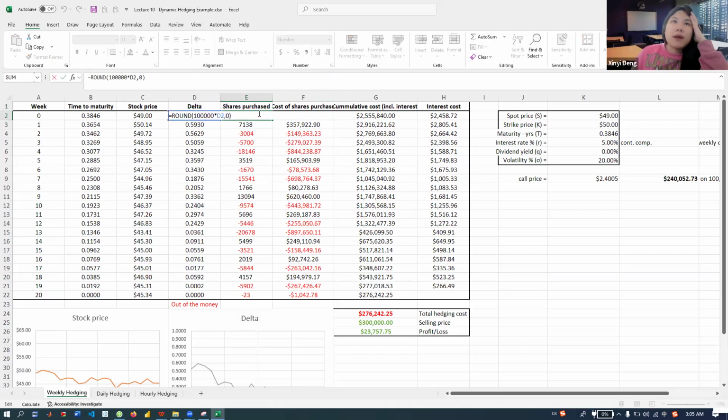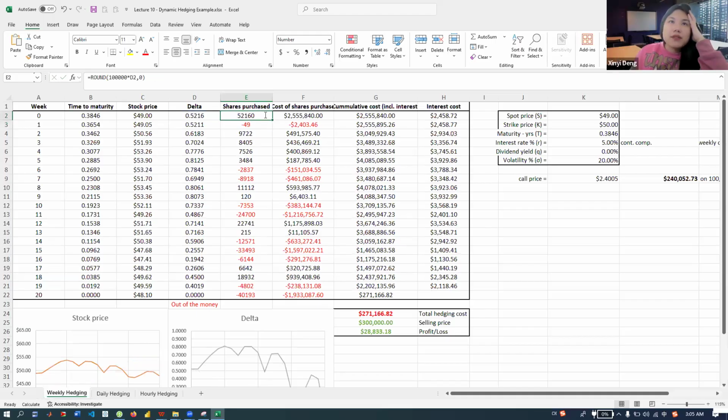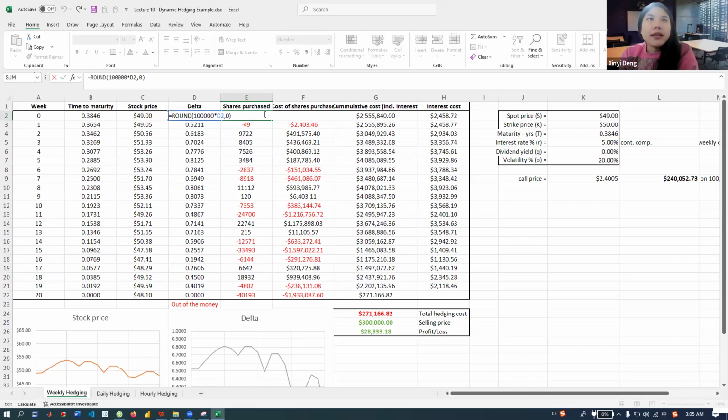Anyways, for this cell, in order to hedge that data with the shorting of the call, we just calculate 100,000 times D2, since that shorting of the call option is associated with 100,000 shares.